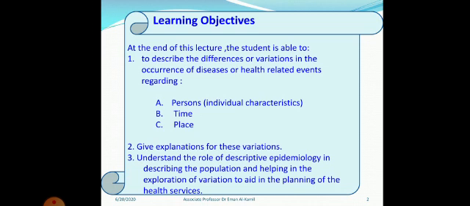And also he can give an explanation for this variation. In addition, the student will understand the role of descriptive epidemiology in describing the population and helping in the exploration of variation in the occurrence of the disease to aid in the planning of health services.